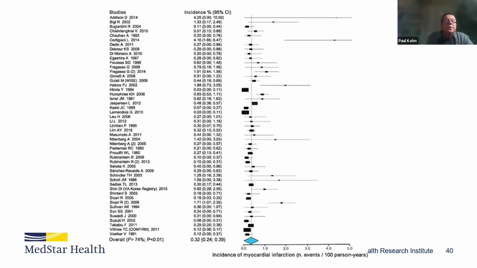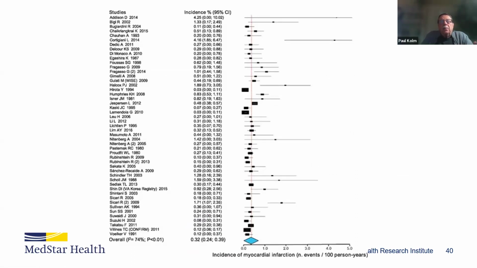And so here, this is sort of hard to see, is their forest plot where they have all their studies. And I believe this is stated in person years. So you can see that the estimated overall effect here is 0.32.